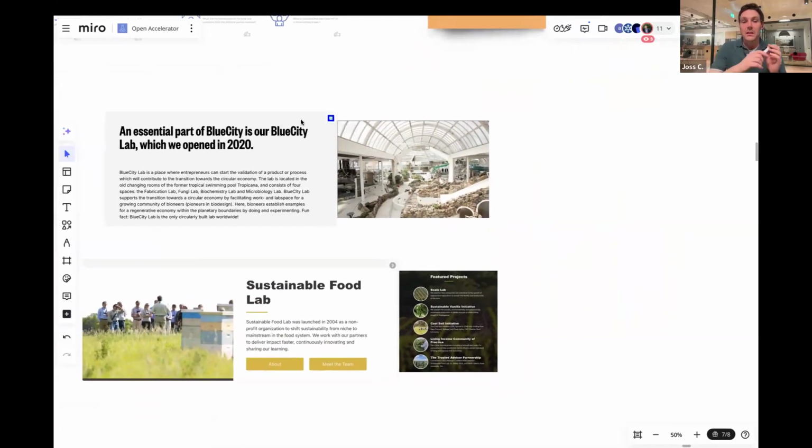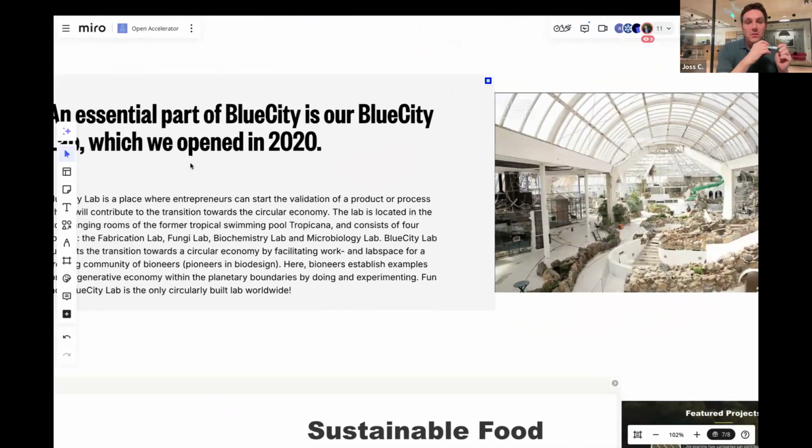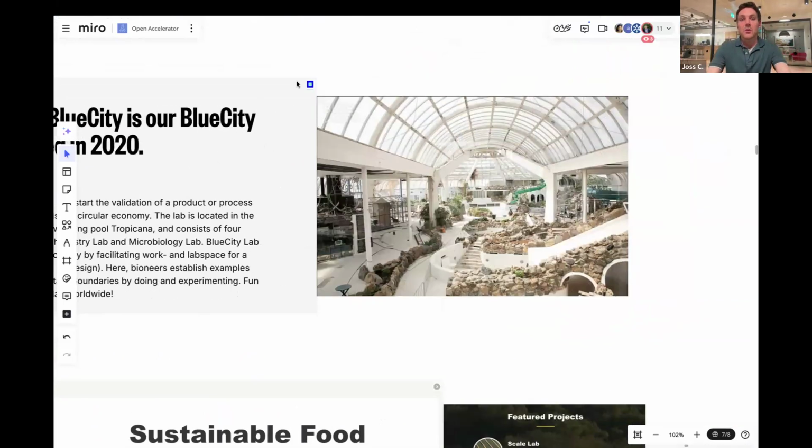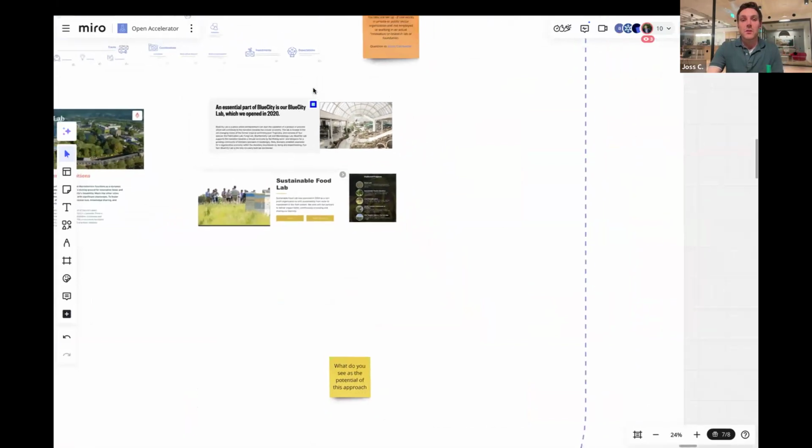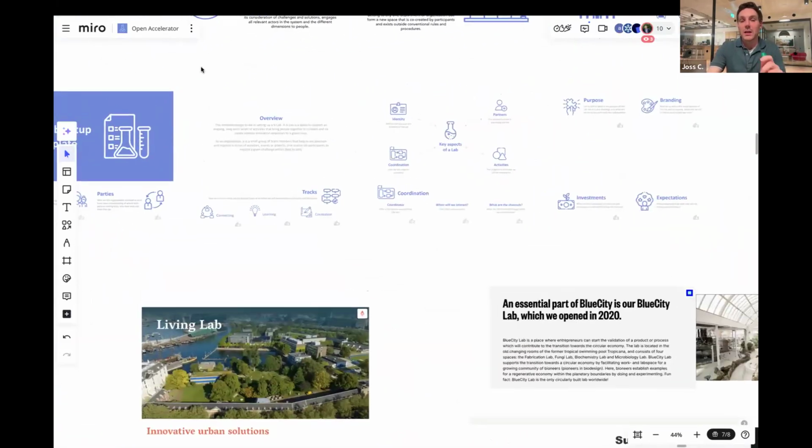There's another one here in the Netherlands about experimenting with bio. So this is a microbiology lab, trying to find new products and solutions for a circular economy. And you can read more about that one there. So there are a few examples I've put here.